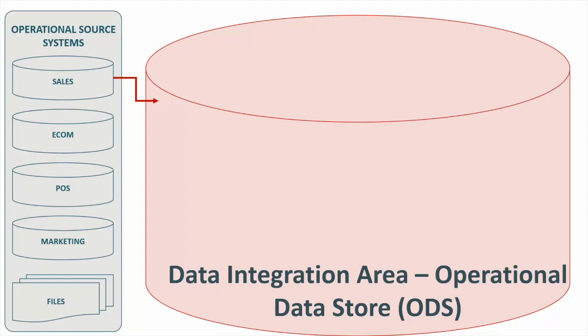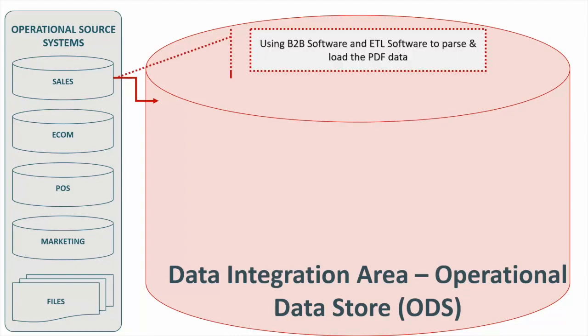Unstructured meaning PDF formatted, let's say, purchase orders, machine sensor logs. So we use B2B software, or customers can use B2B software. B2B stands for business-to-business software, and ETL software to parse and load the PDF data.